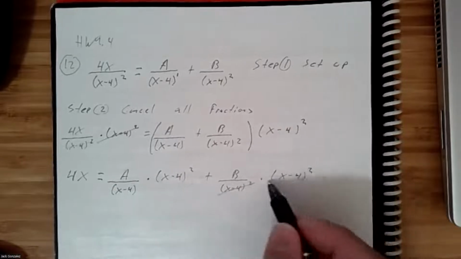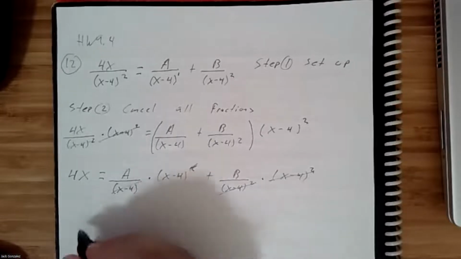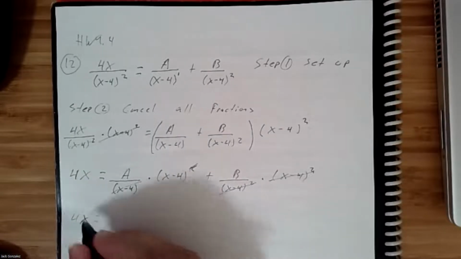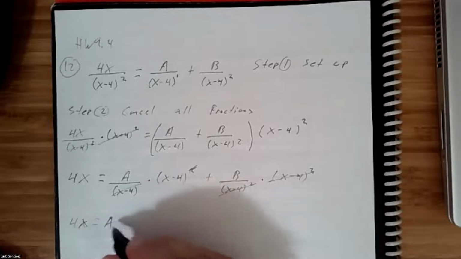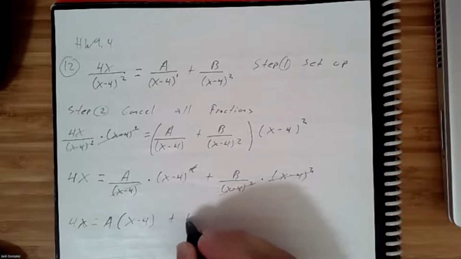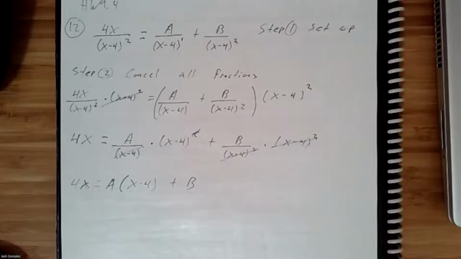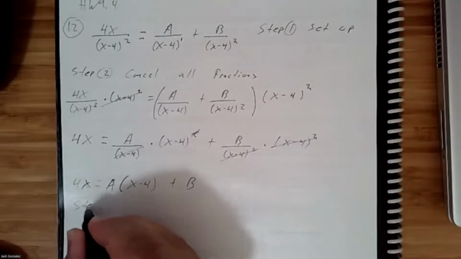So this will be gone. One of these will be gone. So we're left with 4x equal to a times x minus 4 plus b. Okay. Any questions on the setup? That fractions are canceled. Step 2, clear?